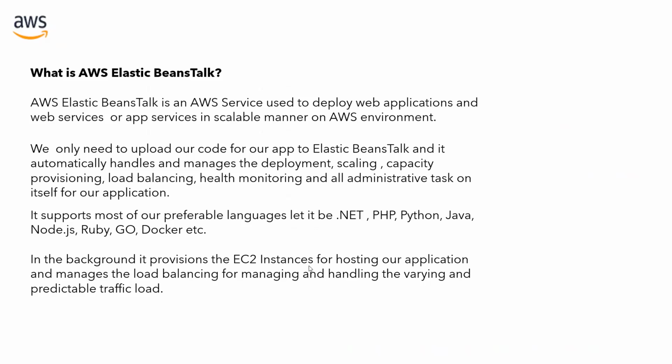As I told, we get a UI management console of Elastic Beanstalk on the AWS login, from where we configure it and upload our app code. In the background, Elastic Beanstalk configures and creates the EC2 instance server and deploys your code into that.